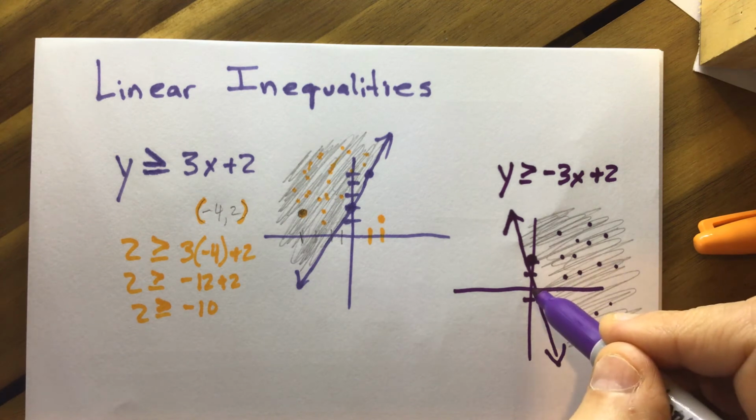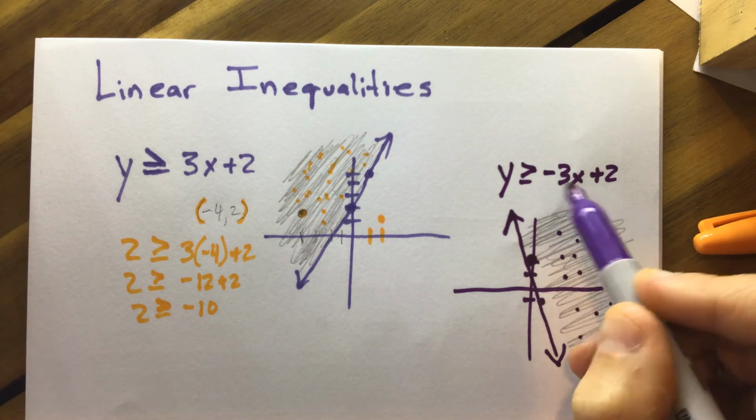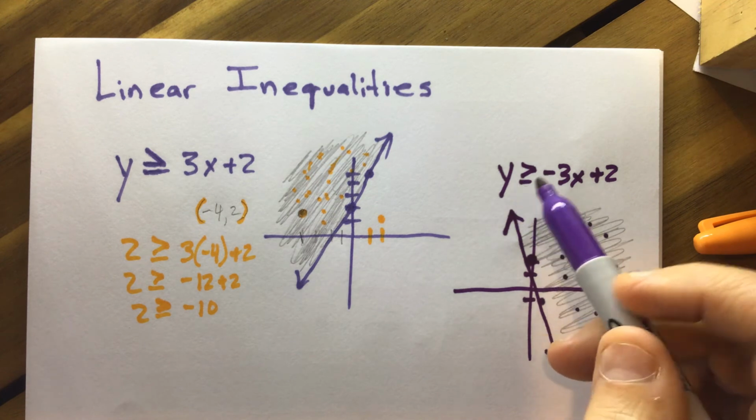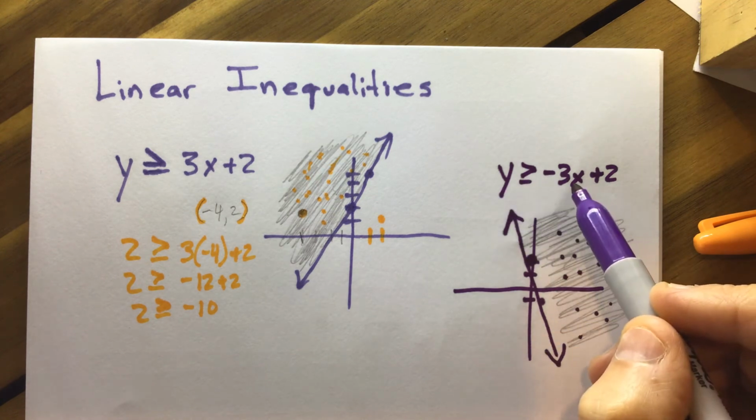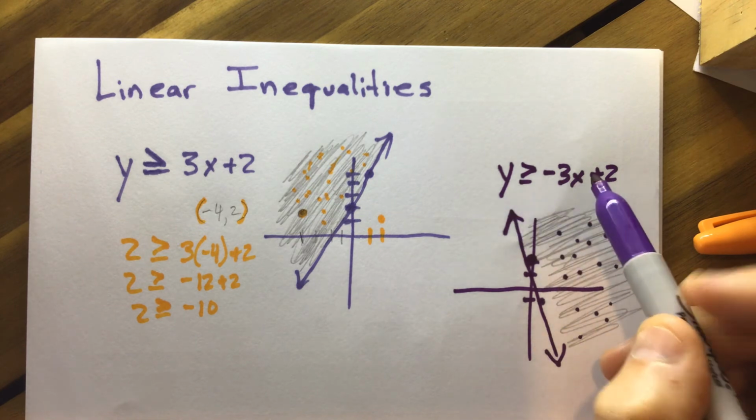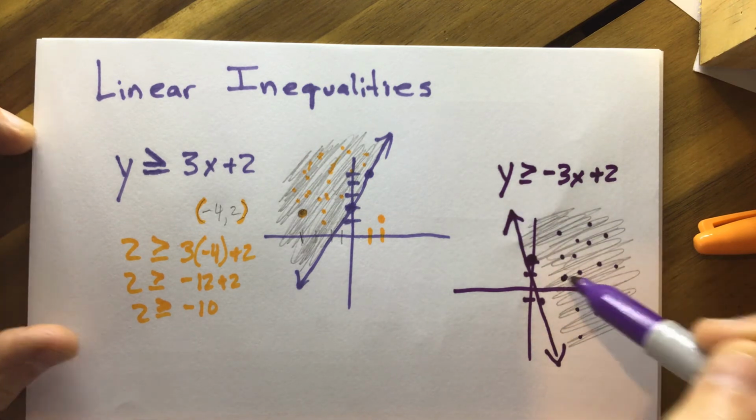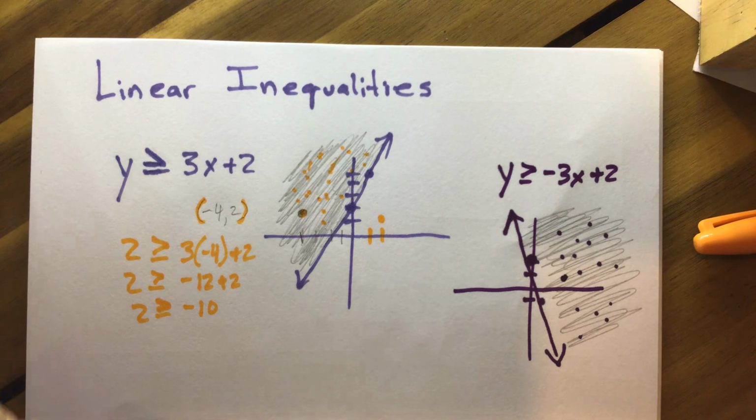So you could plug in, let's say (3, 1), and you would see that 1 is greater than negative 9 plus 2, which is negative 7. 1 is greater than negative 7, and it works. So this point works. Okay, so it's the same thing as graphing linear functions, only they're called linear inequalities, and you're shading one side or the other.